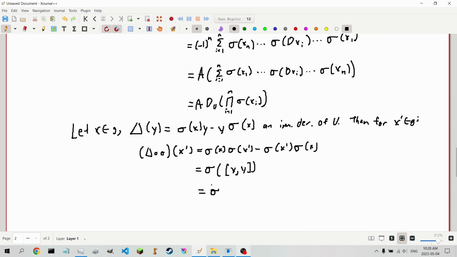And this is just the composition of sigma. That's x prime, sorry, not y. Which itself is just the adjoint representation of x acting on x prime. And so the adjoint of sigma x in U composed with sigma is sigma composed with the adjoint representation of x in G.